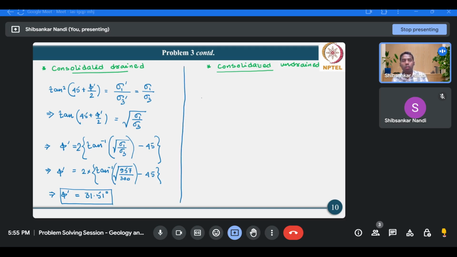Now coming to the consolidated undrained test, we can basically deduce a similar expression for the undrained friction angle. Here we are using phi u. U denotes the undrained condition. So it will be 2 times again tan inverse of sigma 1 by sigma 3, minus 45. Now for this case, the sigma 1 and sigma 3 values are different.